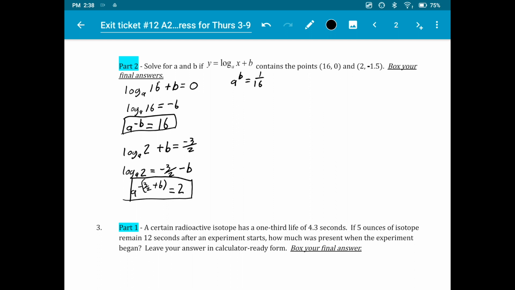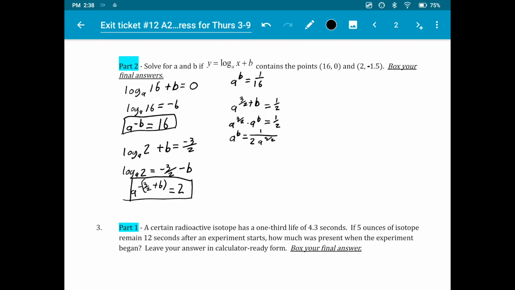The second equation says that A to the 3/2 plus B is equal to 1/2. Or A to the 3/2 times A to the B is equal to 1/2. Or A to the B is equal to 1/2 times A to the 3/2.